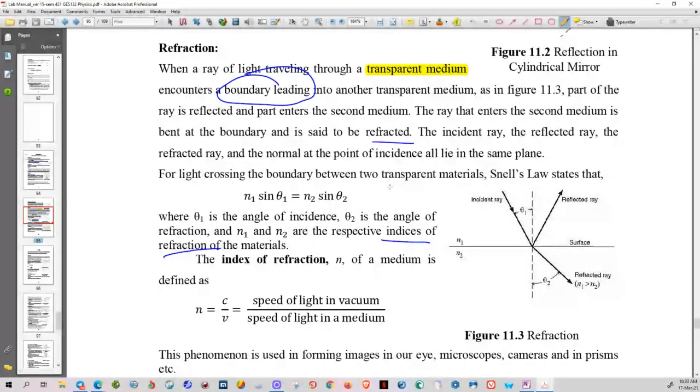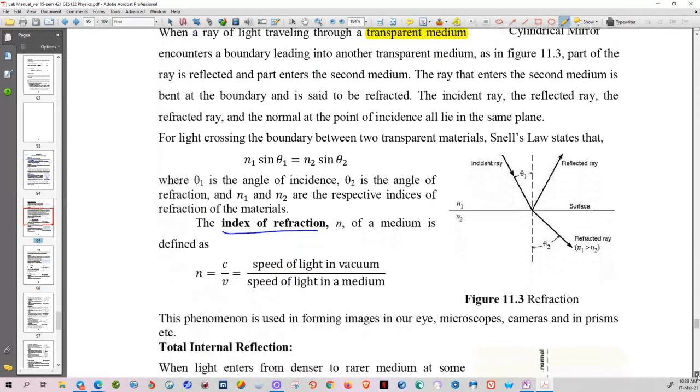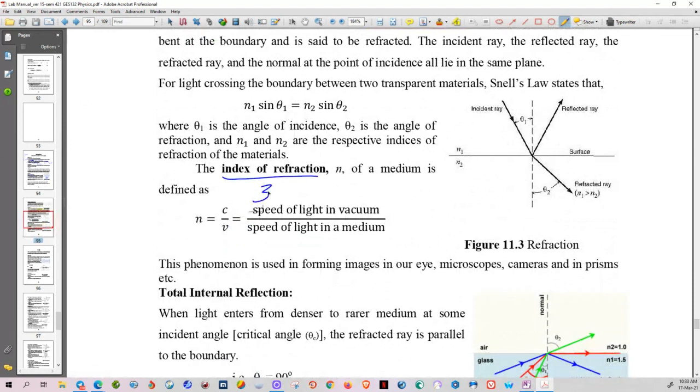Why is the light refracted, or why is the direction of the light changing? That's because the medium or the material where light is traveling through is affecting the speed of light, and this effect is called the index of refraction. The speed of light in vacuum is approximately 300,000 kilometers per second.